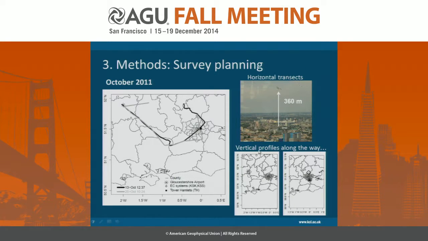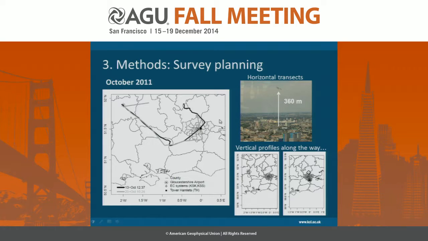So, can you use the mouse? We were granted to fly from southwest to northeast, and then another transect from mostly south to north. And here we have a ground level measurement site that is located here, and if you can see it nearby, there's the Eddy-Covariance flux tower in central London.